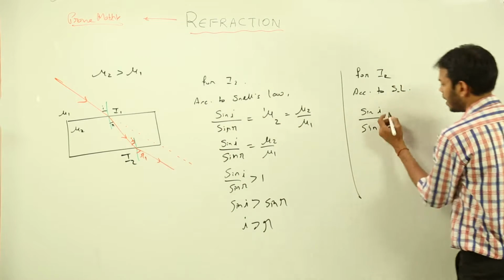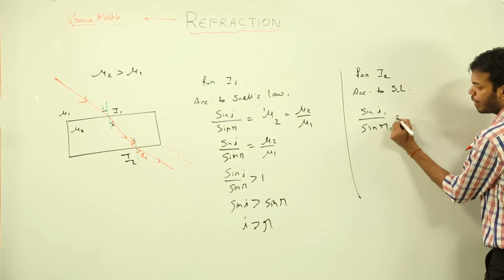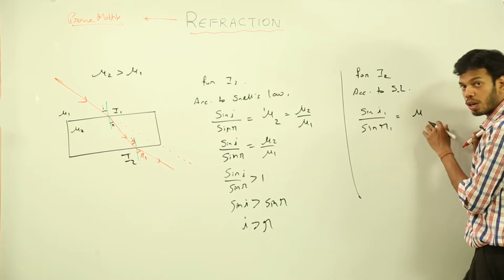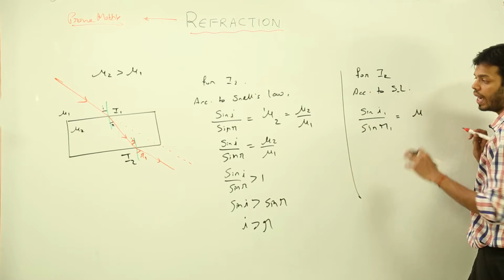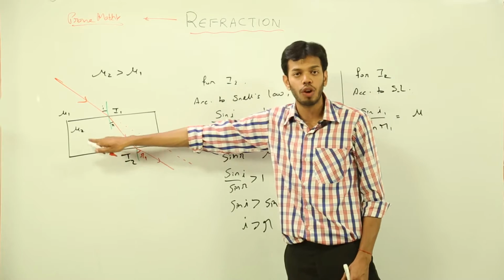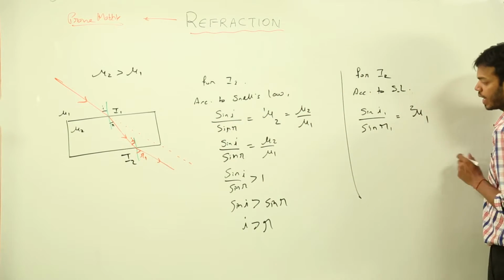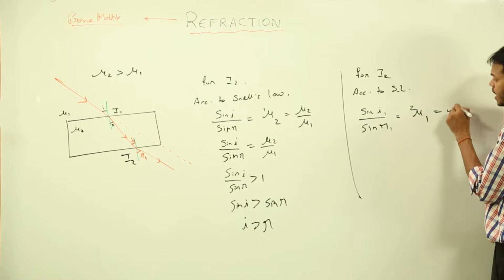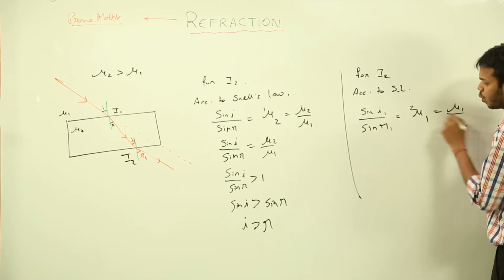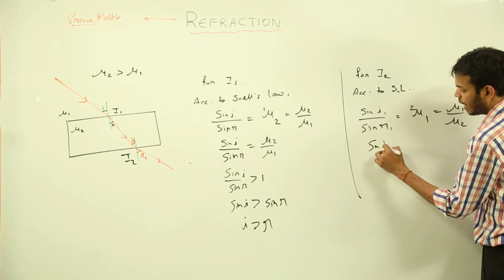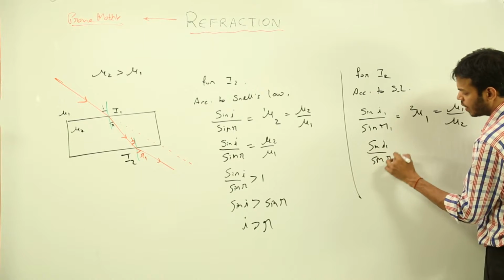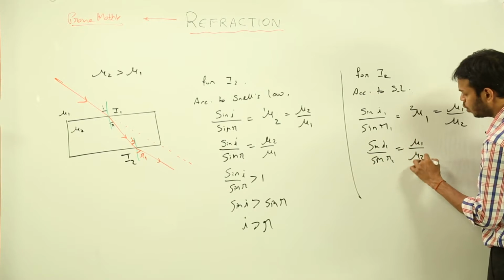So here I will have sine I1 over sine R1 equal to what? It's not just mu, it is either 2mu1 or 1mu2, and in case of interface 2, the light is going from medium 2 back to medium 1. That means you have 2mu1, and 2mu1 is mu1 over mu2. So sine I1 over sine R1 is equal to mu1 over mu2.